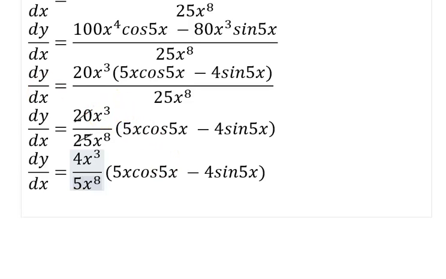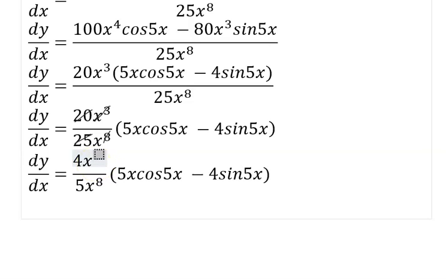Okay, this x can still cut themselves out. We have x cubed here, that's x in 3 places. We have x in 8 places here. So if you remove this x in 3 places from here, from this x in 8 places, we'll be left with x in 5 places at the denominator.